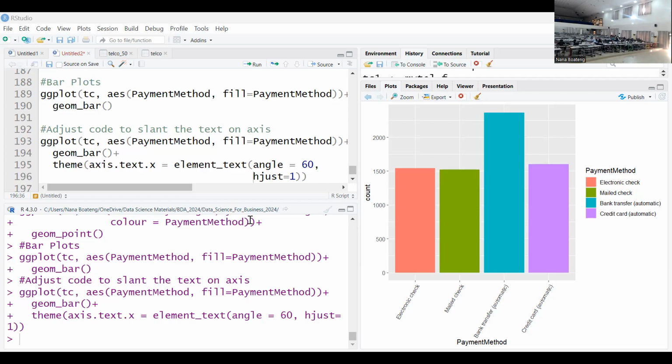Remember that the payment method is broken down into various categories. Yes, my payment method is rather slanted, not the categories. It's not slanted. So how is it done? Let me share my screen so that you see what I'm talking about. Please, we need to hurry up and cover more ground. Okay, we are really behind time.